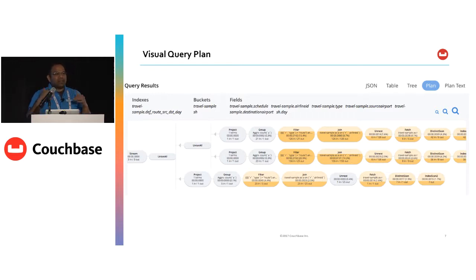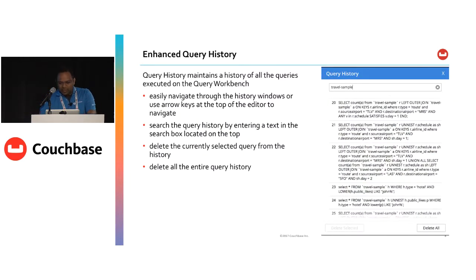Then you can start thinking about how to optimize it. The idea is to make it easier for you to drill through, understand where the problem areas are, and start working on optimizing them. This is the big enhancement from the Query Workbench perspective, because the query explain plan in the past was text, very complicated.